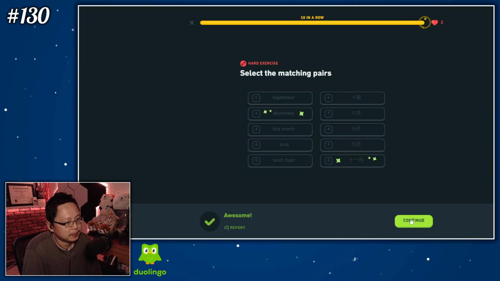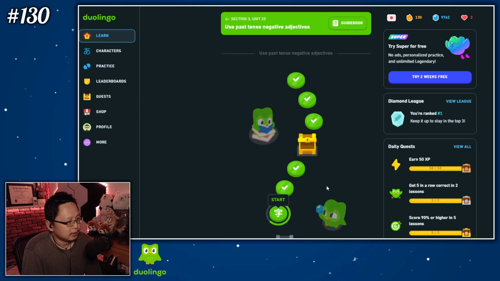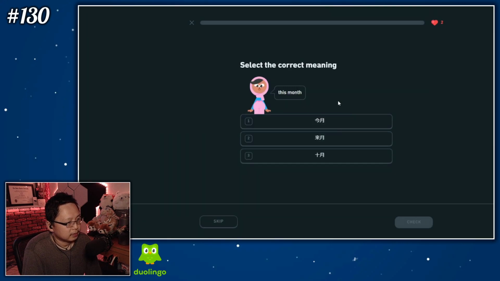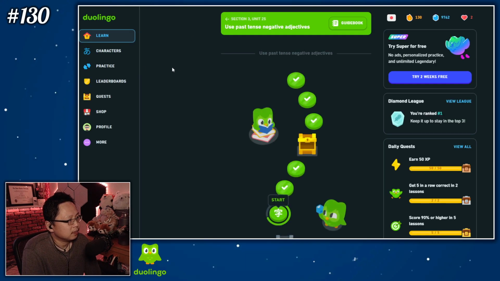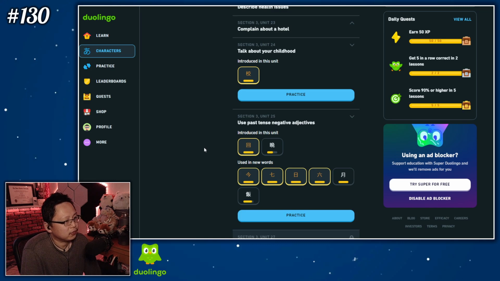So they require you now to complete all the repeating kanji sections. Oh, that's interesting. This unit has repeating kanji sections, but the previous one had repeating kanji sections too. Oh, they're combined. Oh, wait. Because that's what's confusing to me.